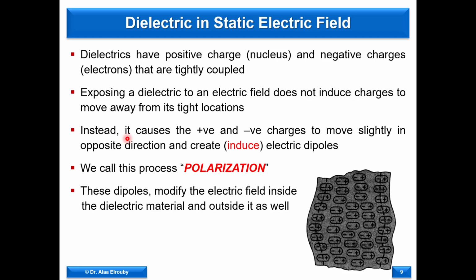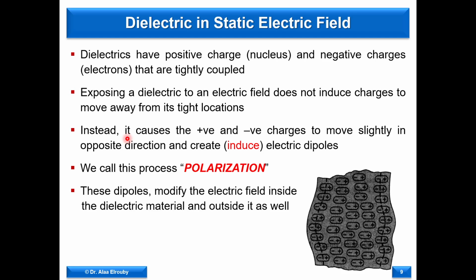Now coming to the second category of material that we're going to analyze, which is the dielectric material. The dielectric material is characterized by having positive charge in the nucleus and negative charge in the electrons orbiting around them, and they are very tightly coupled. There is a very strong bond between the positive charge on the nucleus and the negative charge on the electron, and they are forming some sort of a dipole, and this is where we recall the electric dipole.